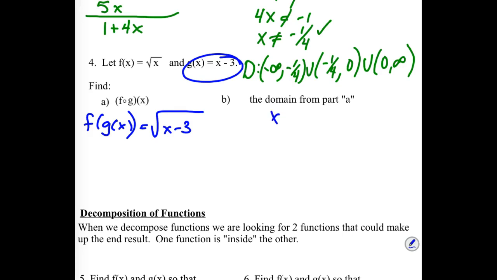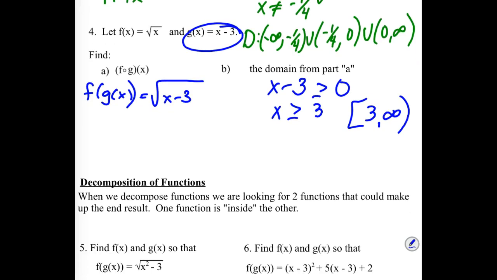So we have to worry about x minus 3 being negative. The only numbers that will work are the ones that are 0 or positive, which means x has to be greater than or equal to 3. In our interval notation, that would look like that.